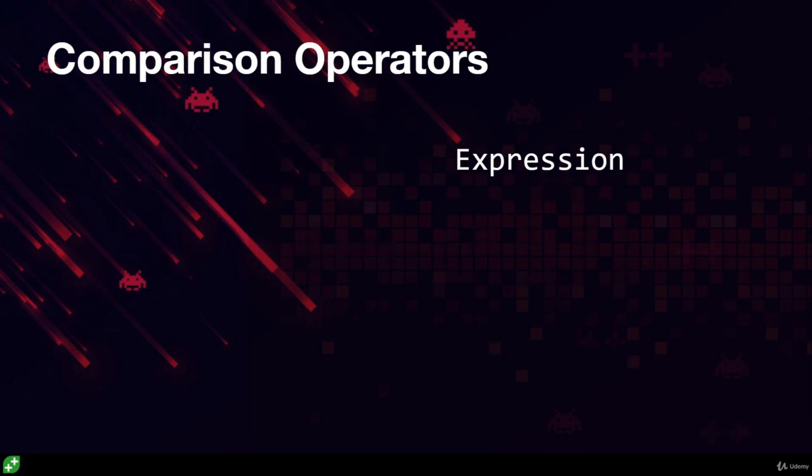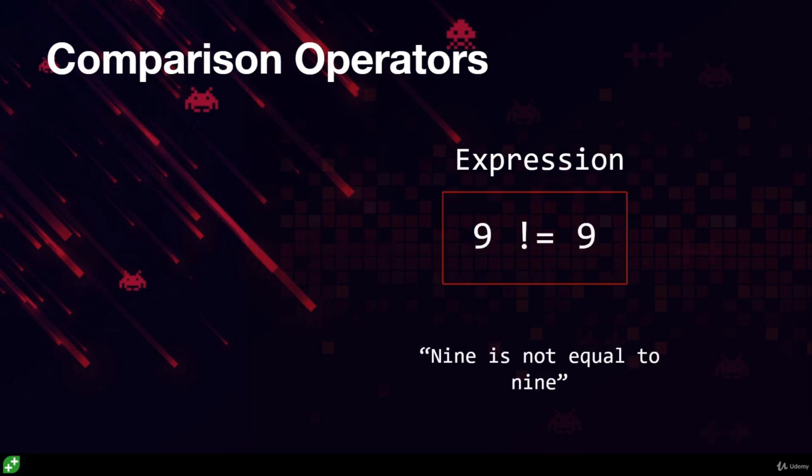Let's do one more. This expression would be called 9 is not equal to 9. What Boolean value would this expression return? That's right, it returns false since 9 is equal to 9. So 9 is not equal to 9 is a false expression.